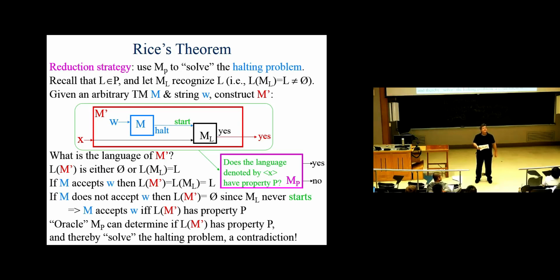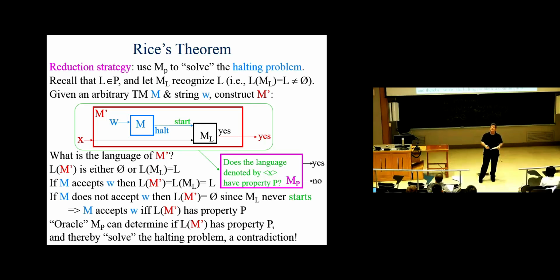Why does this proof not work for the everything trivial case? You mean even for the trivial properties? Right. You can just use the everything trivial property as P. Very good question. He's asking why this proof will not work if P was a trivial property, like the empty property or the property containing all the recognizable languages.